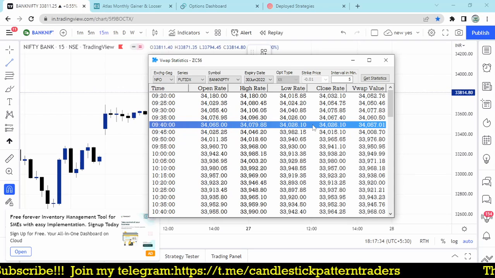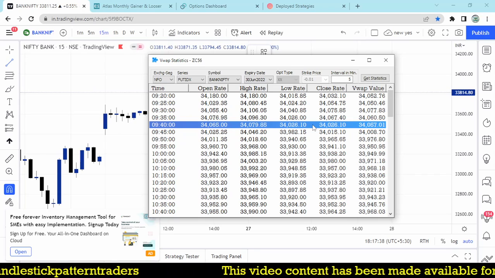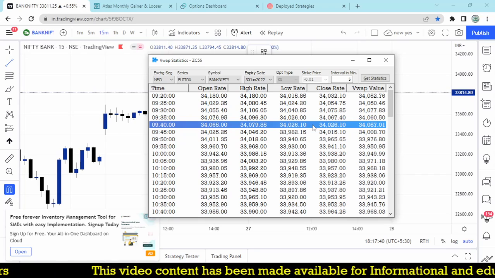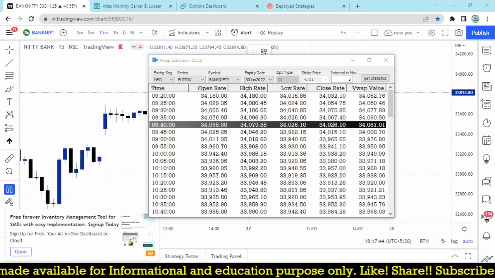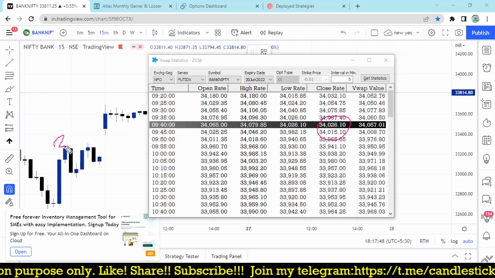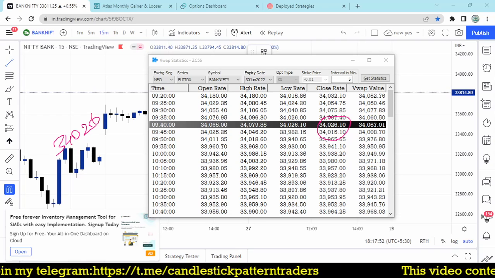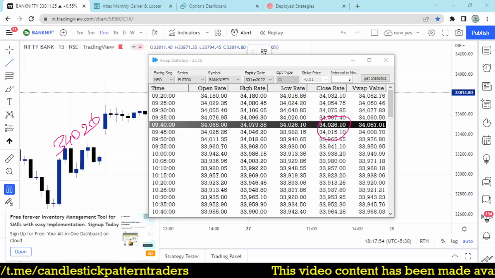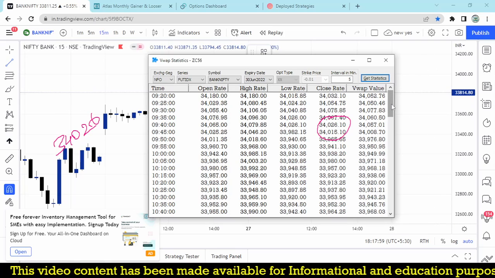If you check the spot price, it is less than the future price, but I am taking the spot price. The spot price of Bank Nifty is 34,026. Hope you understand. Bank Nifty started at 34,026.